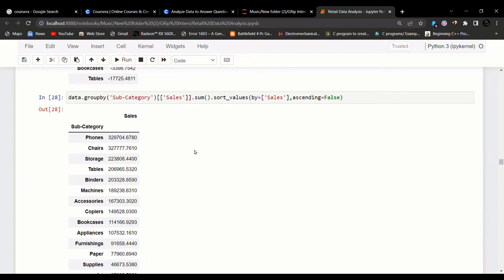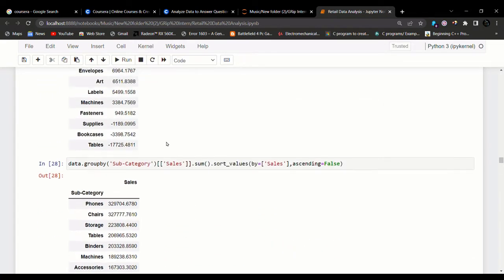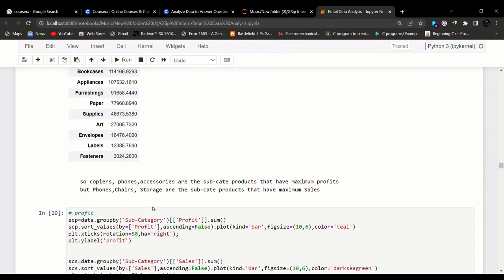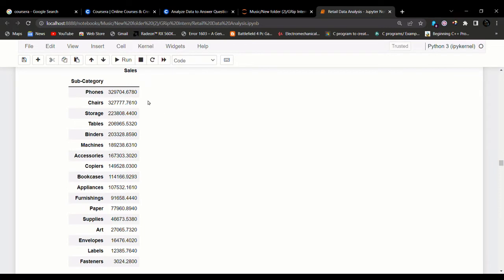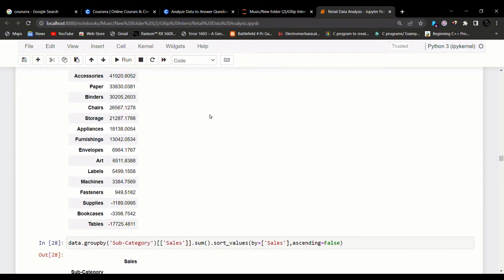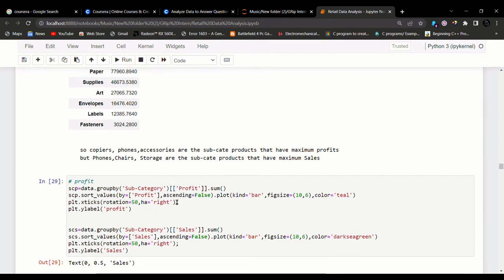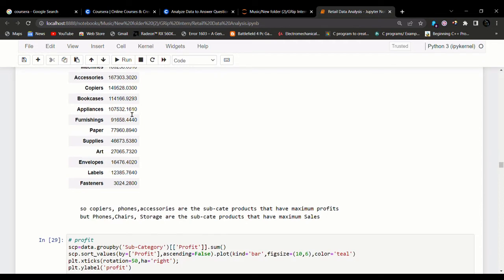So by observing the data here, both profit and sales on subcategories, copiers, phones, accessories are the subcategory products that have maximum profits, but phones, storage, chairs have maximum sales.